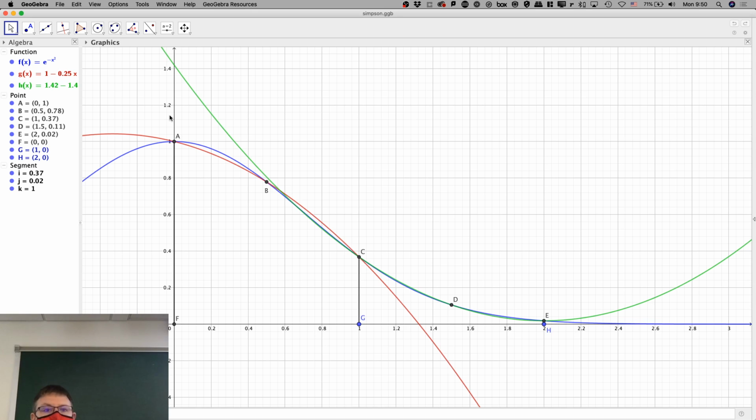The points A, B, and C uniquely determine a parabola. How many points do you need to find a conic section? Do you guys remember from high school? It's 5.